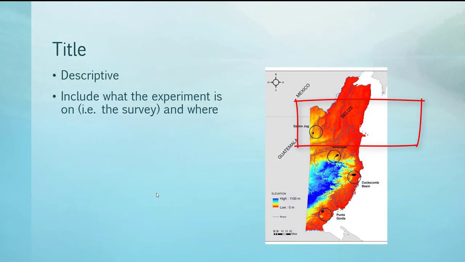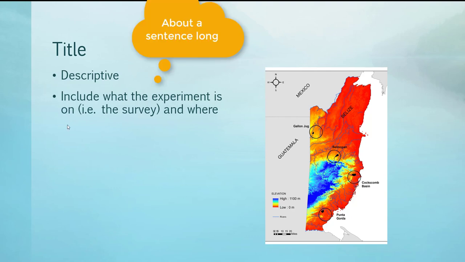So let's start with the title. The title is descriptive. We're not just saying Milestone 1 or final project or, I don't know, Belize. It needs to be descriptive, so aim for about a sentence. What I mean by descriptive is it should include what the experiment is on and where the experiment is located.